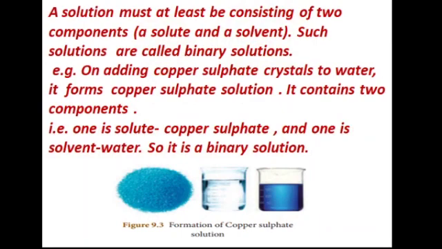Next, a solution must consist of at least two components. One is the solute, another one is the solvent. Such solutions are called binary solutions. For example, on adding copper sulfate crystals to water, it forms copper sulfate solution.